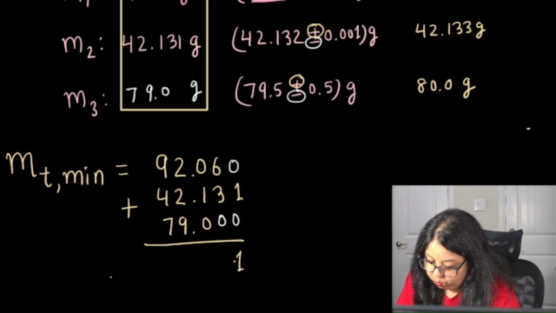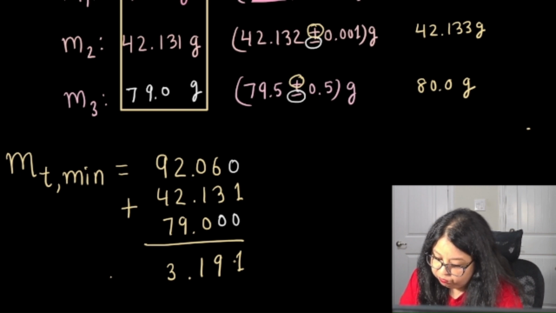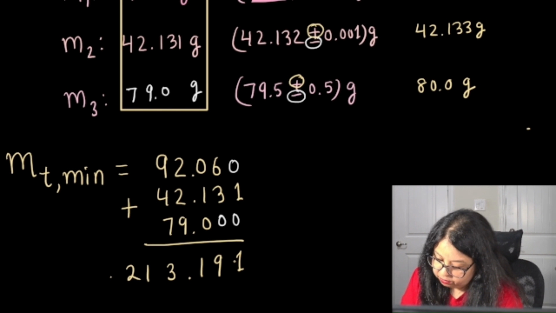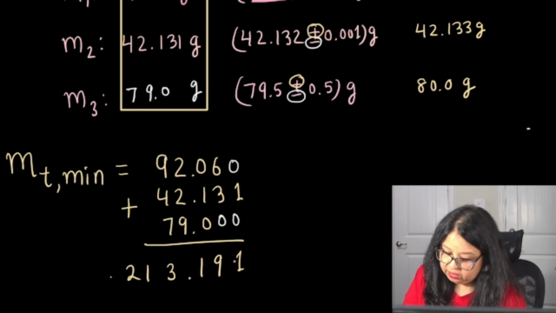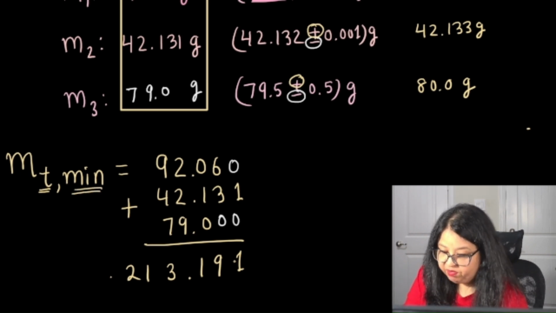We get 1, 9, 1, okay. 9 plus 4 is 13. And then I get 10, 9 plus 1 is 10, 10 plus 4 is 14, 14 plus 7 is 21. So this is the M total minimum value.